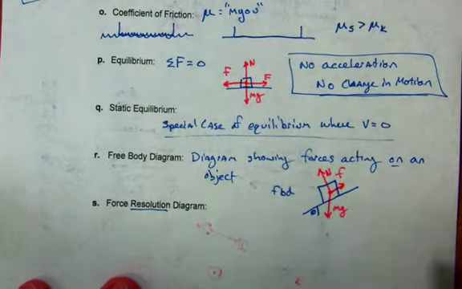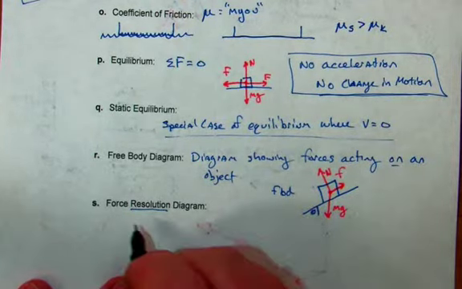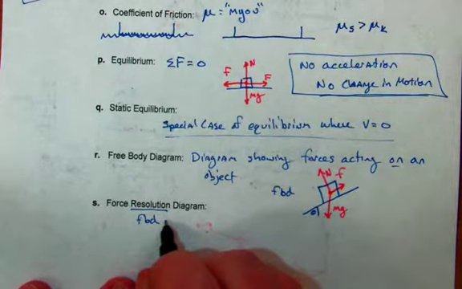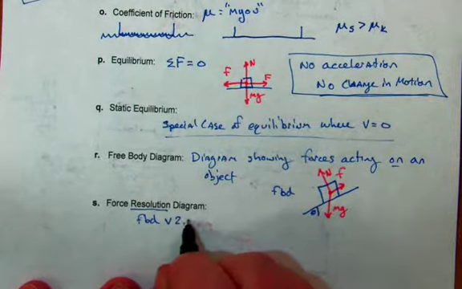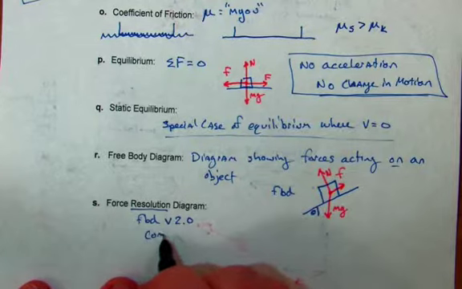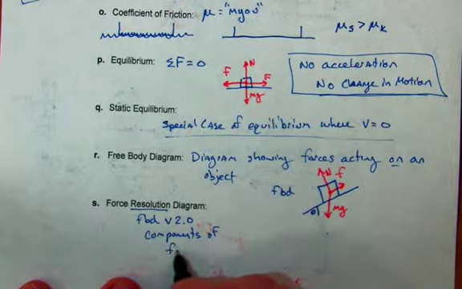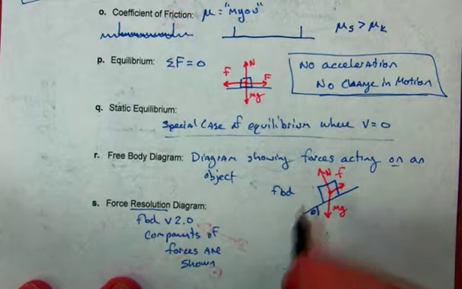A force resolution diagram is where you show the components of the forces. You can call it free body diagram version 2.0. The components of forces are shown. And what I mean by that, if I just transfer this image, right?